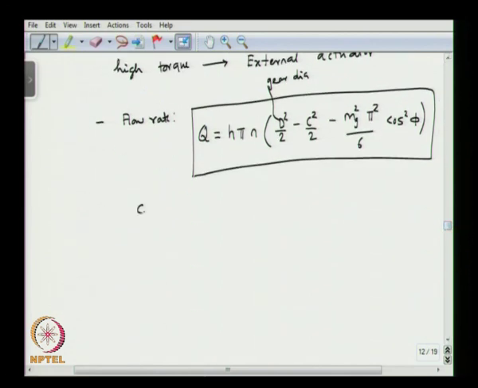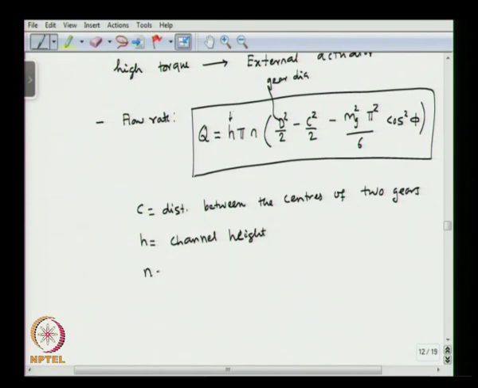So, c is the distance between the centers of two gears, and h is the channel height, and n is the RPM. Okay.